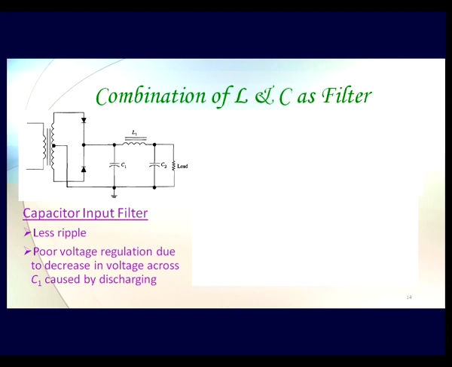Now in this circuit the ripple is quite less, but the voltage regulation is a little poor, because this capacitor C1 keeps charging and discharging as per the input cycle from the rectifier, and this capacitor is going to discharge at a certain point of time in order to supply the load, and so this voltage at this point is not going to be constant throughout the operation, and so the voltage regulation will be quite poor in this scheme.